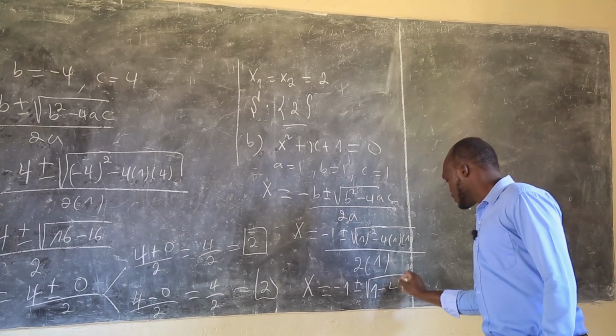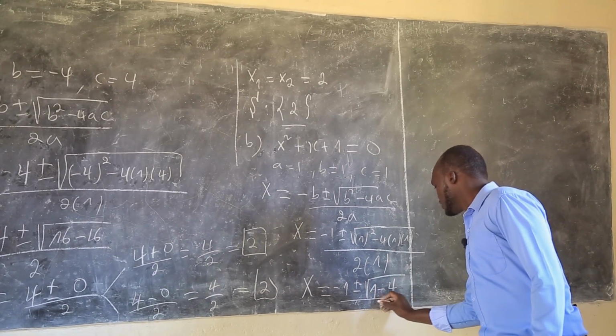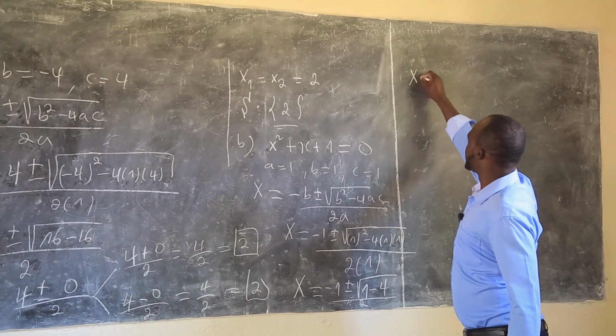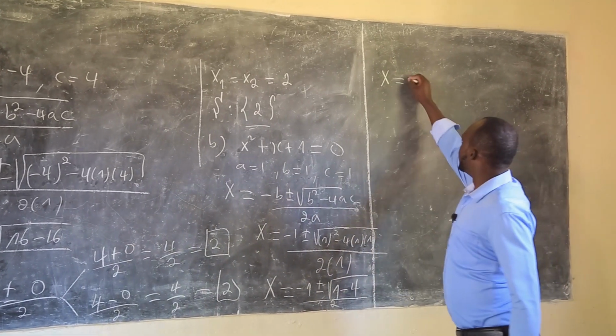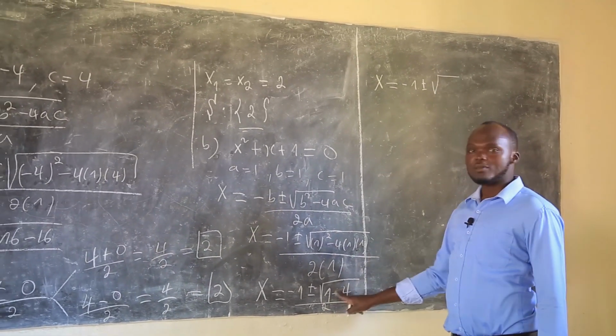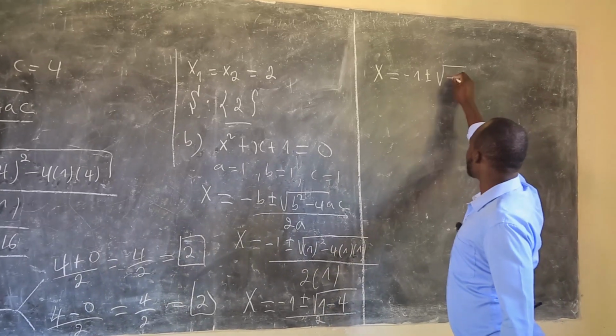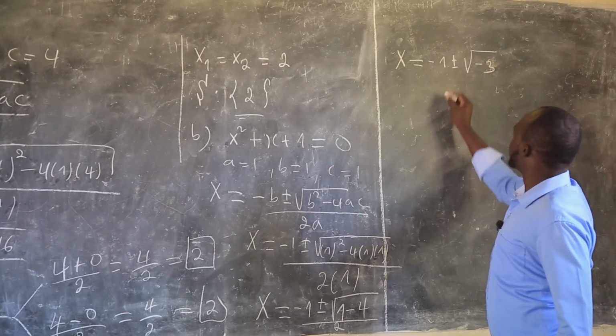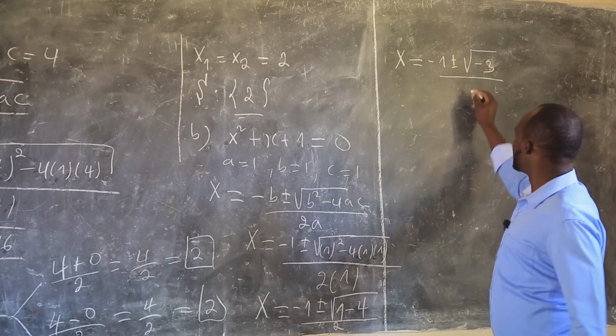So x will be equal to negative 1 plus or minus the square root of 1 minus 4, which is negative 3, divided by 2.